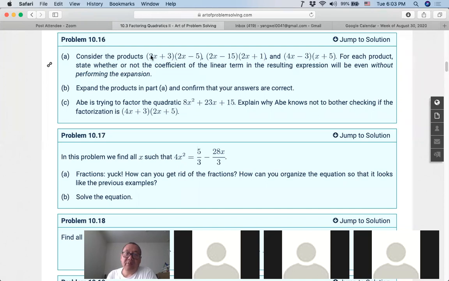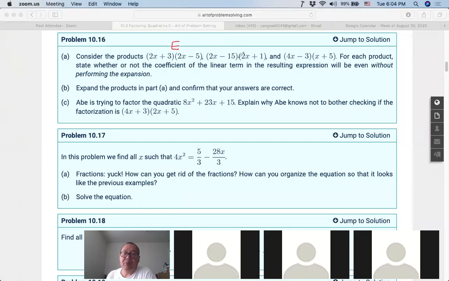Then for the linear term, you have 2 terms that merge together. One is 3 times 2, which gives you an even coefficient, 6. Another is 2 times negative 5. That also gives you an even number. So the sum of these 2 terms gives you the linear term, and definitely this one will be even, right? I use E to represent that it will be even.